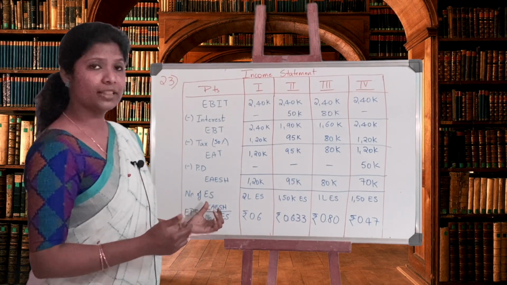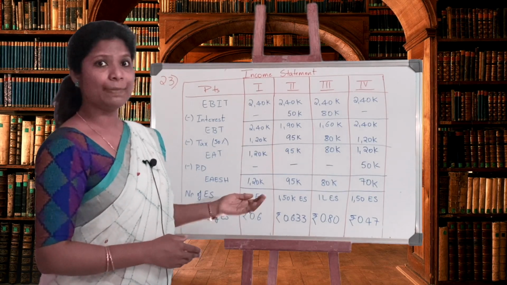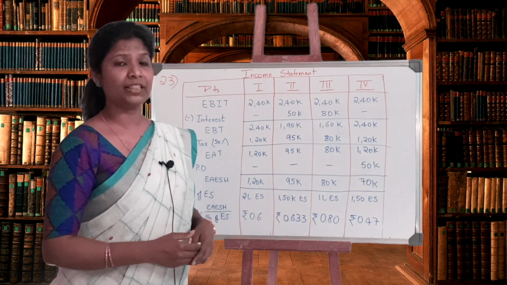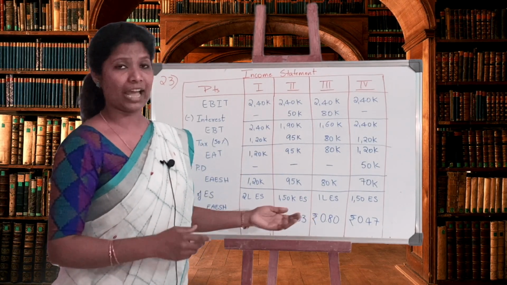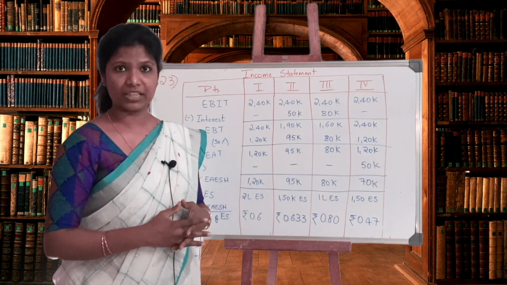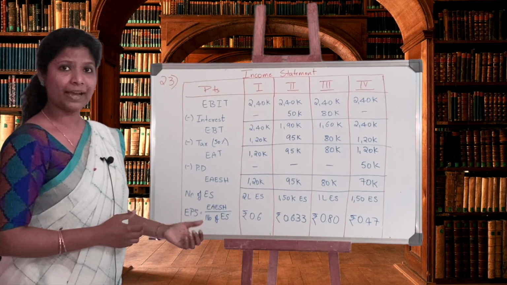We just calculated in working note number 2 the calculation of equity shares. Plan 1 we have 2 lakh equity shares, plan 2 we have 1,50,000 equity shares, and plan 3 we have 1 lakh equity shares, and the final plan we have 1,50,000 equity shares. How do we calculate EPS? Earnings divided by equity shares.